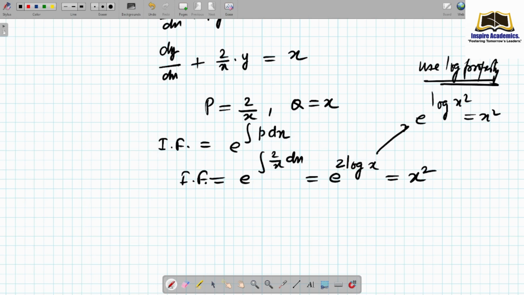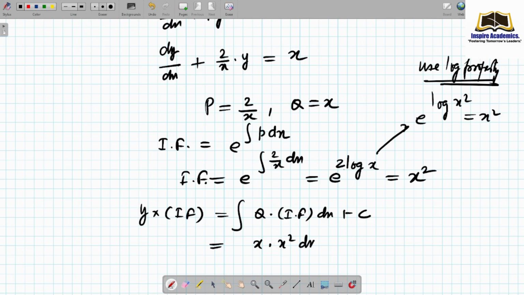Now I know IF. So what is my next step? Y times IF is equal to integral of q times IF dx plus c. What was q? X into x square dx plus c. So what will be your final thing?